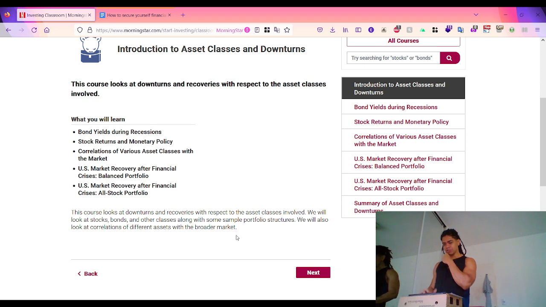Okay, just to wrap up, and to understand right now, perhaps by repeating all of these topics, to guide us where we are heading. In this course, we're going to look at the downturns and recovery with respect to the asset class involved. So here I'm going to look at the bond yields.